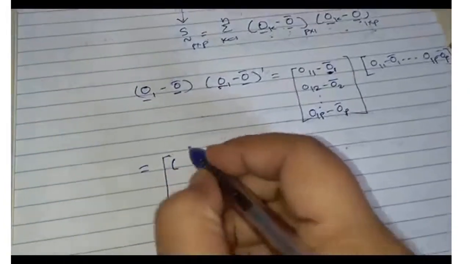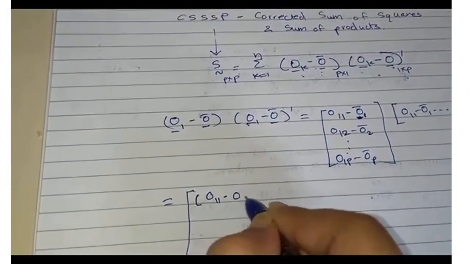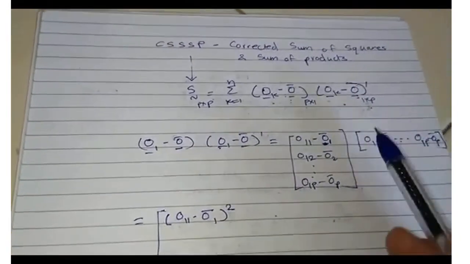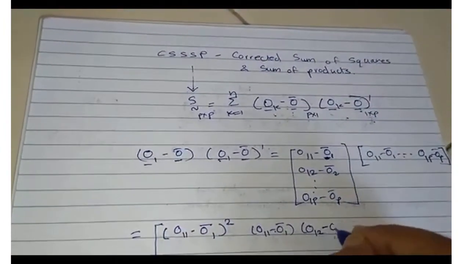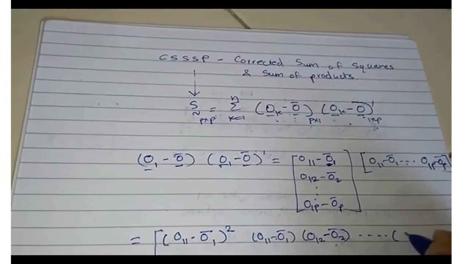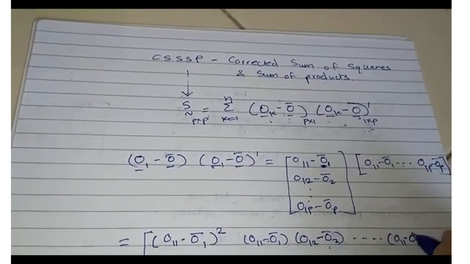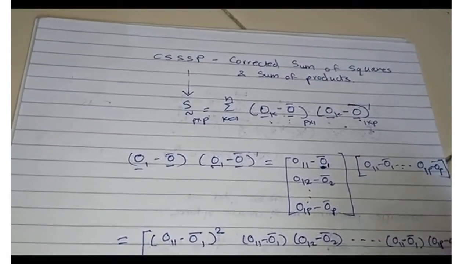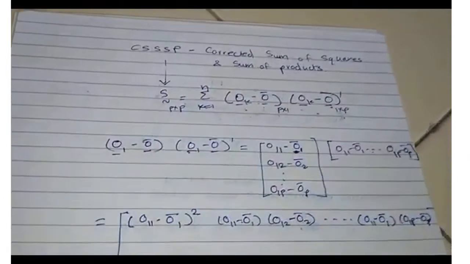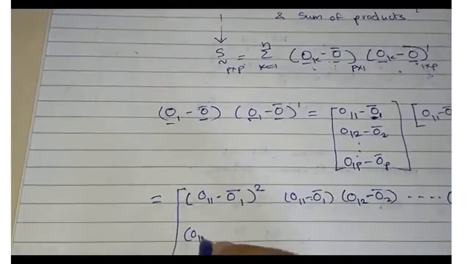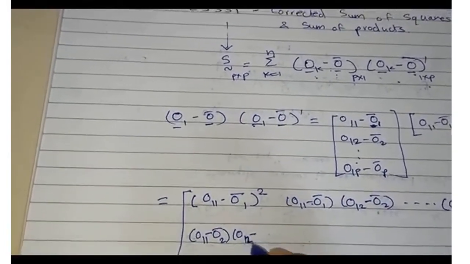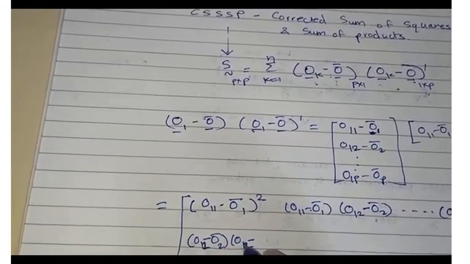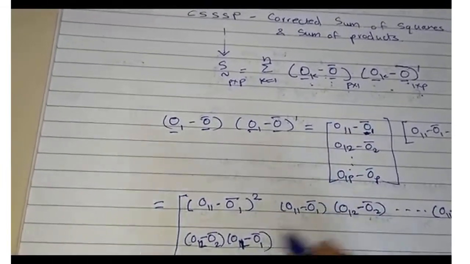So I have (O11 minus O1 bar) whole square. Here I would have this into the second entry from here, so (O11 minus O1 bar) into (O12 minus O2 bar), and so on. The last entry would be (O11 minus O1 bar) into (O1p minus Op bar). This is the last entry in the first row. Here I would have (O12 minus O2 bar) into (O11 minus O1 bar), so basically this entry.